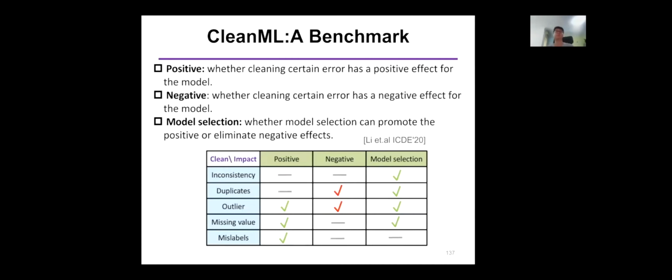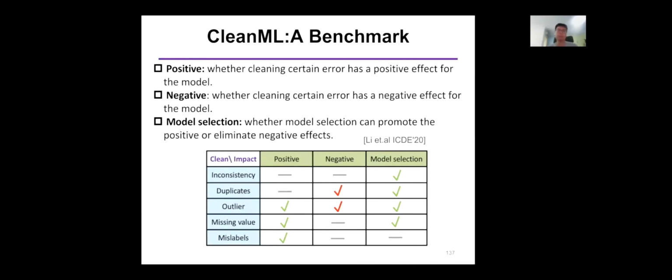The positive column means whether cleaning the errors has a positive effect on the model. The negative column denotes whether the cleaning operations have a negative effect on the model. And model selection denotes whether model selection can promote the positive or eliminate the negative effects.